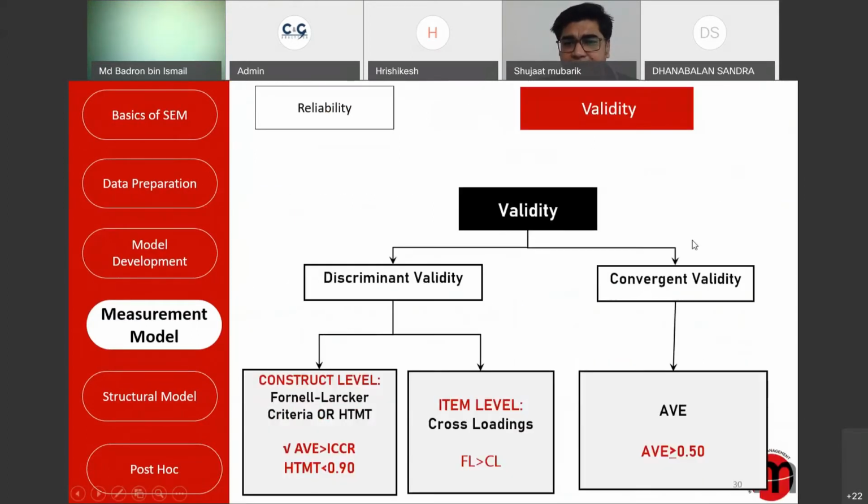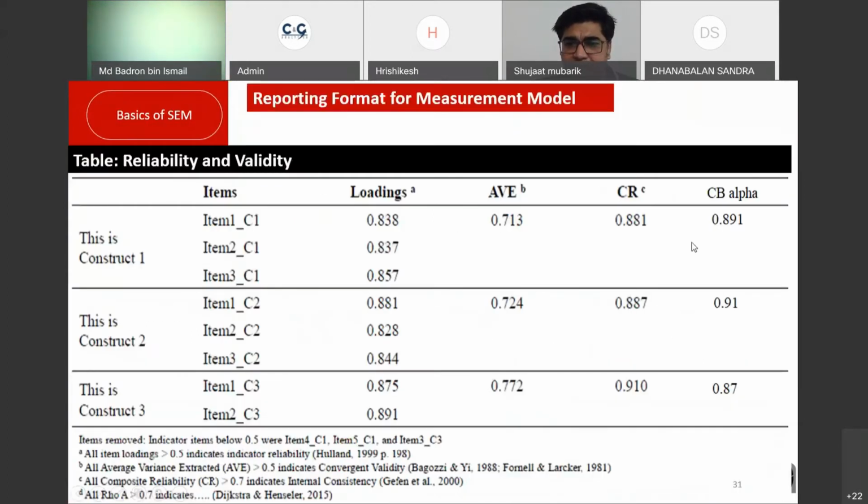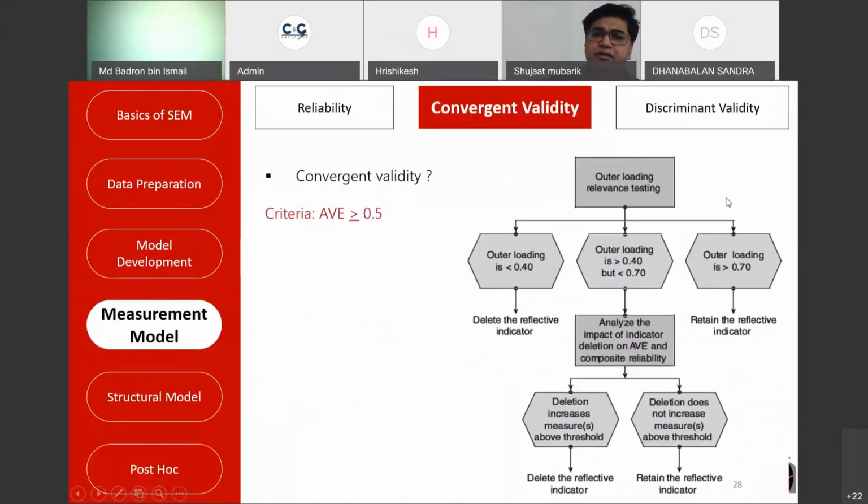Now, what are the grounds to retain an item if its factor loading is less than 0.70? You know that factor loading directly contributes to the average variance extracted of a construct, AVE.